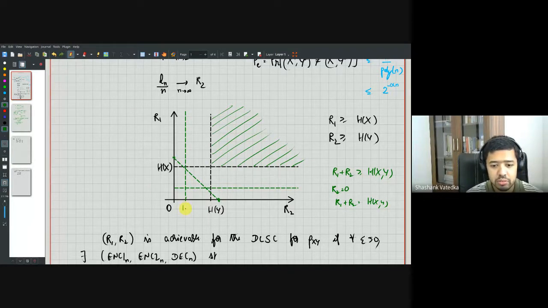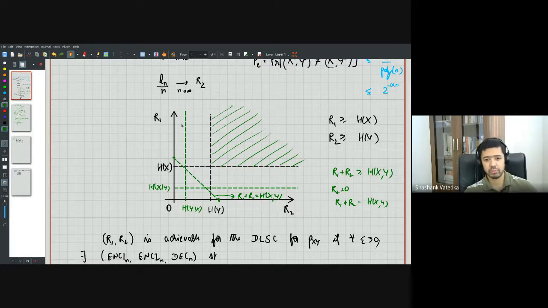So this is H of Y given X. This would be H of X given Y, and this is basically R1 plus R2 equal to H of X comma Y. Correct. So you definitely know that.